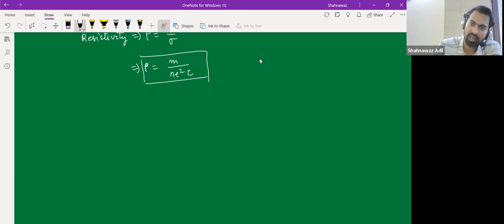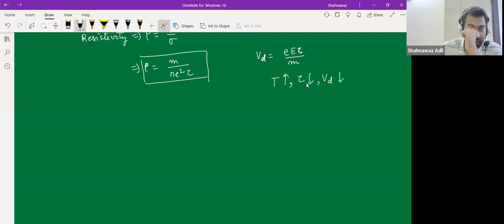Let's say for the case of drift velocity also, this was E tau by m. So this drift velocity is also dependent upon temperature. If I increase the temperature, then this relaxation time will decrease, which means that my drift velocity will also decrease.